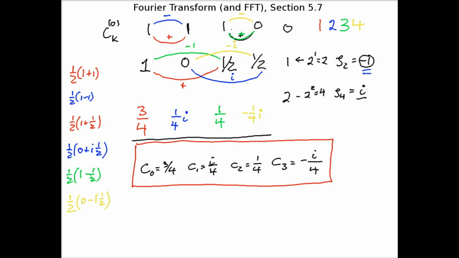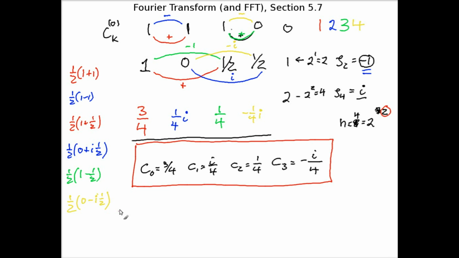So remember, here we were talking about n is equal to 8, which is equal to 2 cubed. Excuse me, n was equal to 4, which is equal to 2 squared. That's more like it. And so the relevant number here is 2. It only took me 2 operations to compute this 3/4. I did this one here, and then this one here, and so on and so forth.